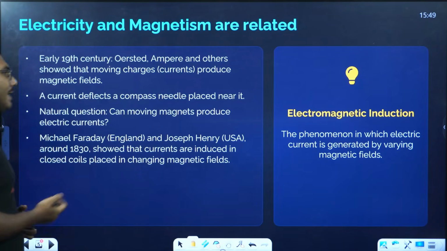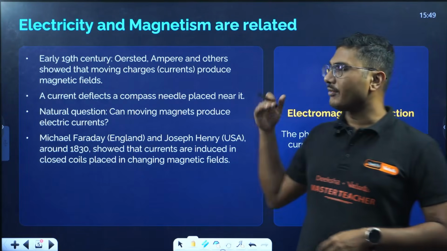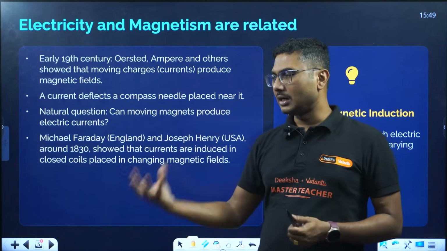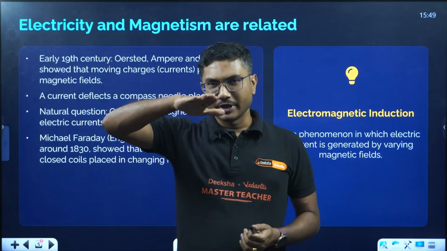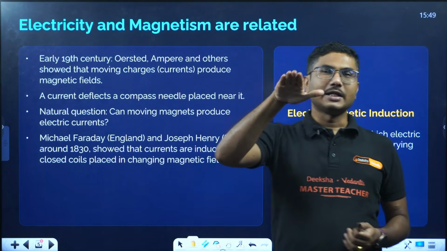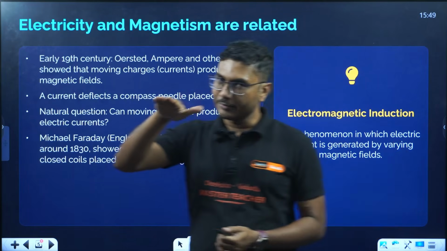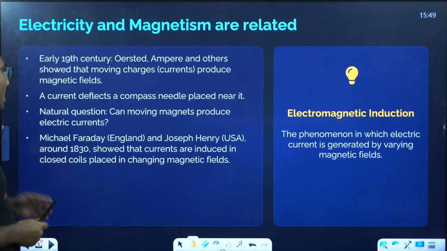A current deflects a compass needle placed near it, right? If you have a current carrying conductor and you place a magnet near it, it gets deflected. If you point all your fingers in the direction of the current, then your thumb points the deflection of the north pole of the magnet.